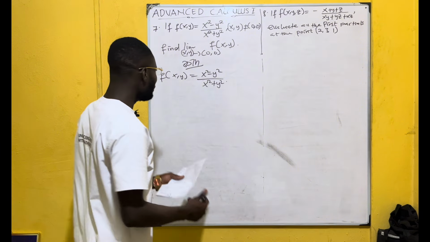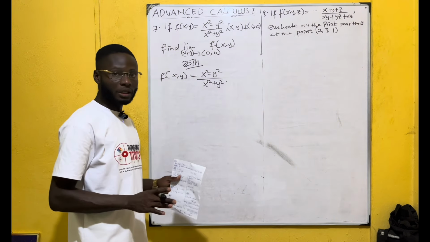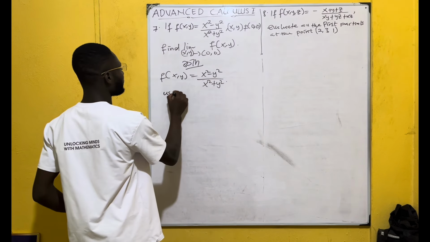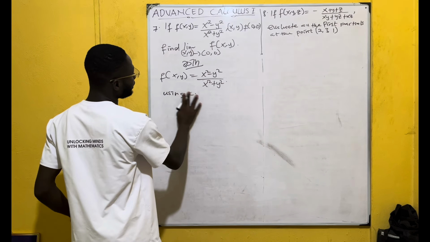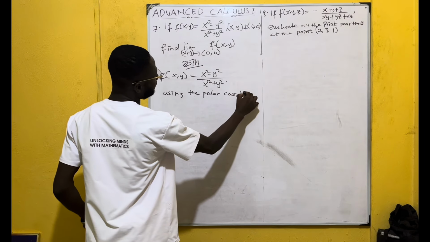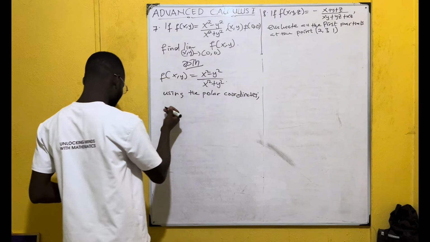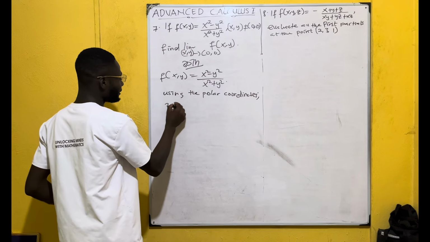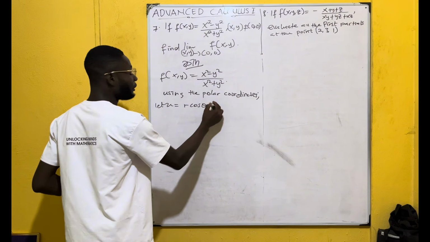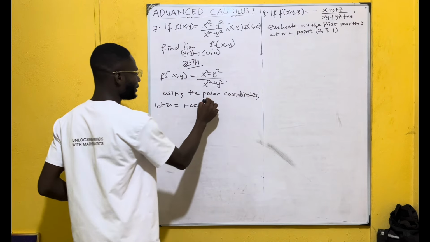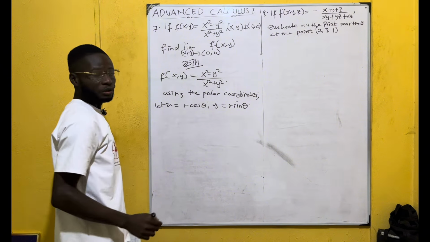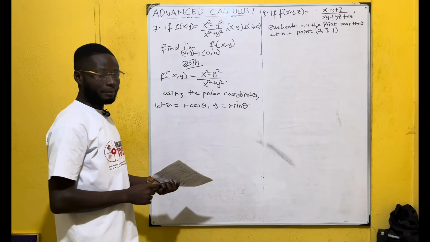Good. So what we are going to use is the polar coordinates, right? So using the polar coordinates, we are going to let x equal r cos theta. Remember these properties, right? And then y equals r sine theta. So these are properties, okay?